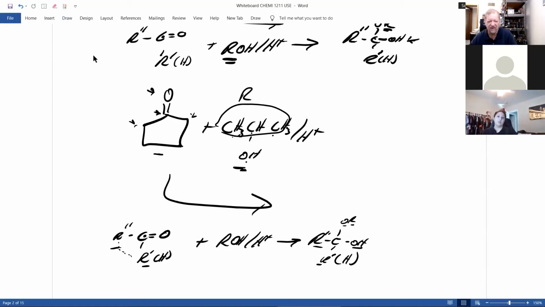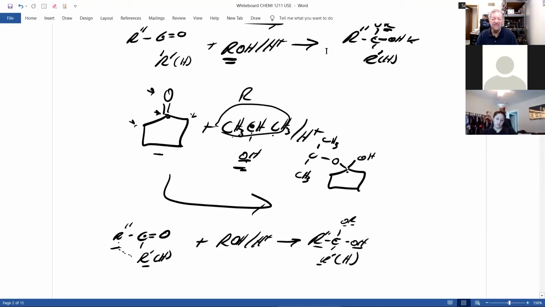And keep your eye on the carbonyl carbon, this one right there. What's attached to it is still attached to it. This carbon is this carbon. We'll have a hydroxyl group, oxygen. Which carbon has the hydroxyl group, the center of 3? And that's what you get.